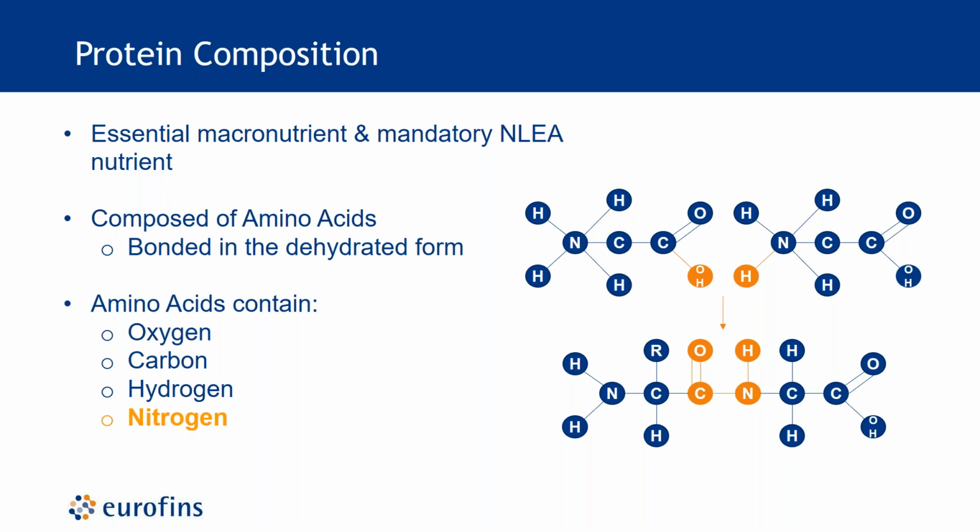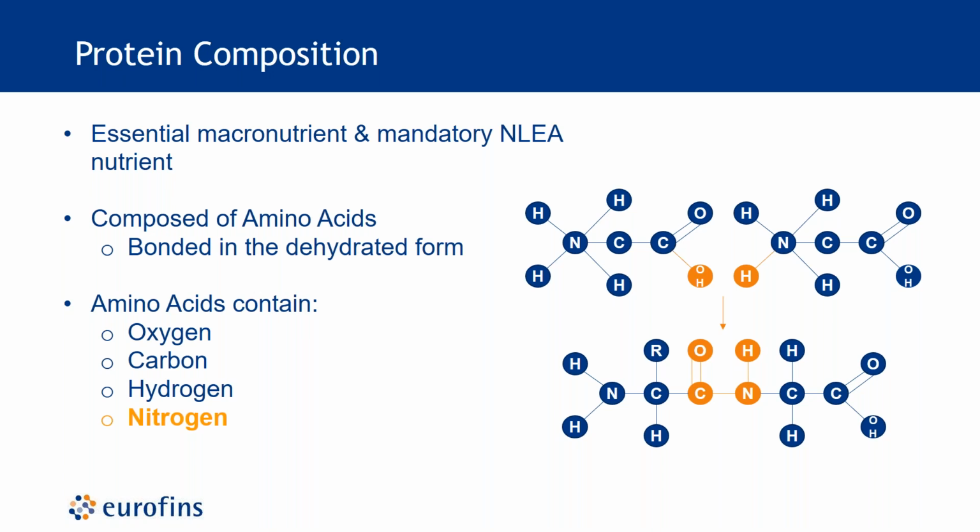But if you break that down even further, and this is really important when it comes to understanding how protein is tested. So amino acids contain certain molecules like oxygen, carbon, hydrogen, and nitrogen, which is the one we're going to focus on. When you think about your other macronutrients or the nutrients in a nutrition facts panel, all of them contain things like oxygen, carbon, and hydrogen.